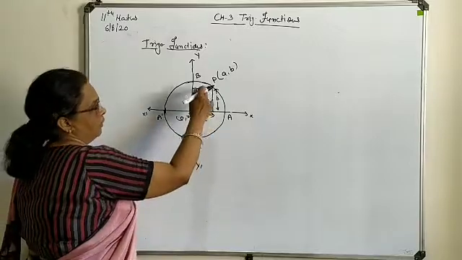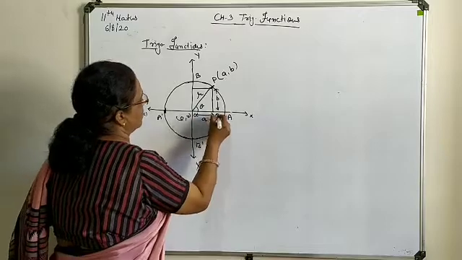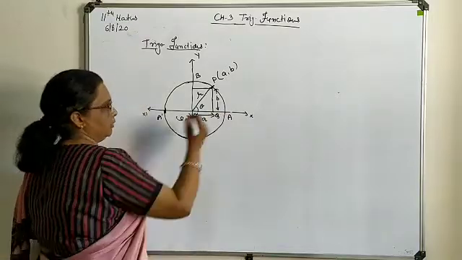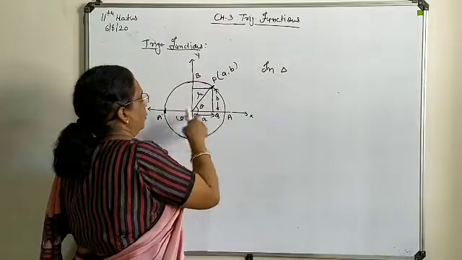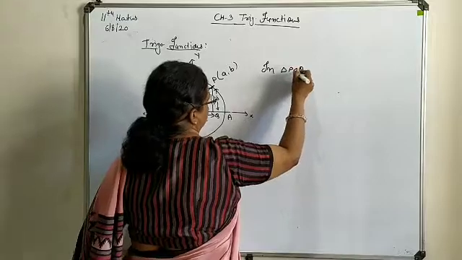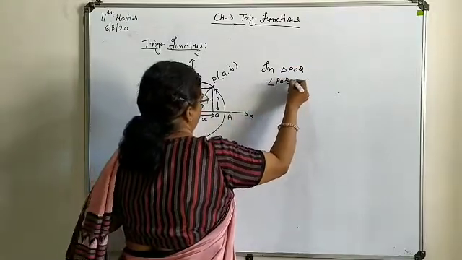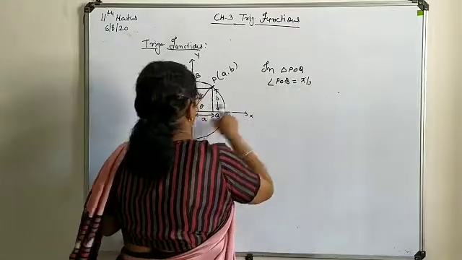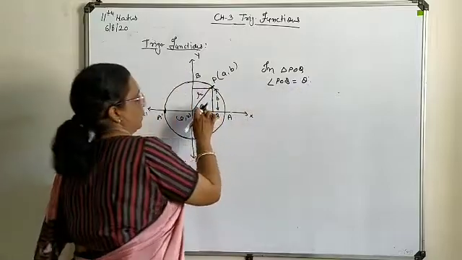Now in the triangle, this one is O, this is P, and this is Q. So here we talk about triangle QOP. Your angle at Q is 90 degrees. This angle POQ is theta, which we have supposed.